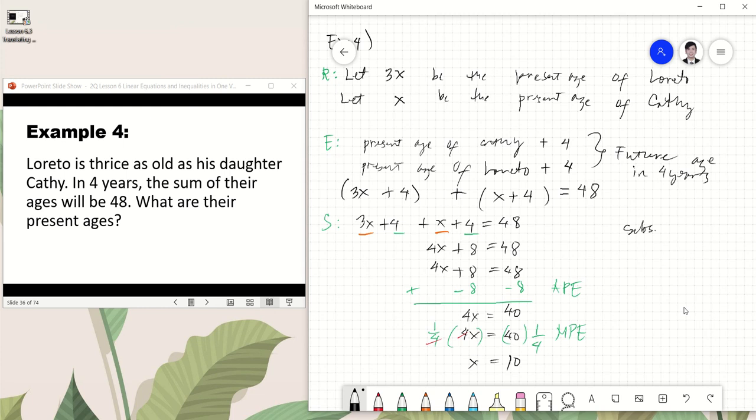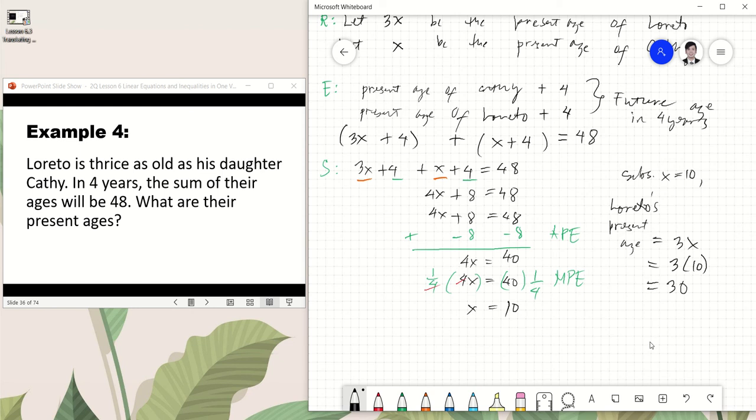So substitute x is equal to 10 to the present age of Loreto. Yung present age ng Loreto, it's represented by 3x. So 3 times 10, 30 years old. So yung present age ni Loreto, 30 years old na siya.